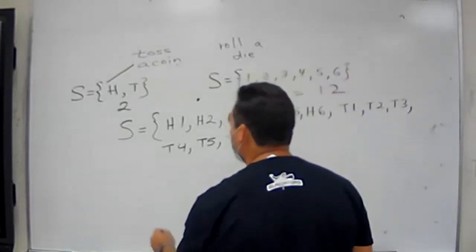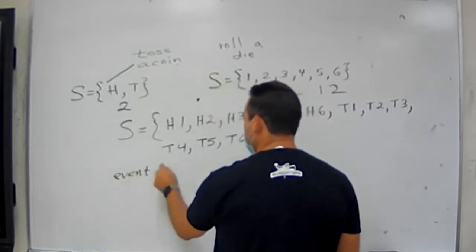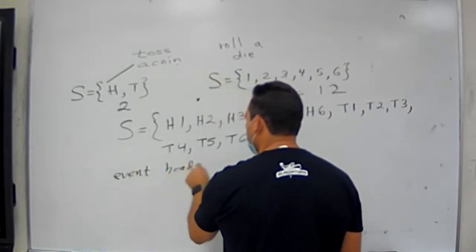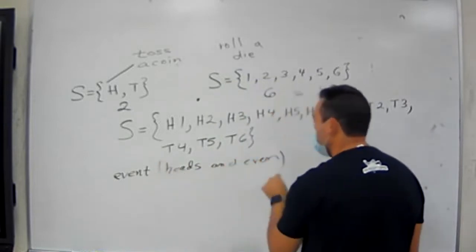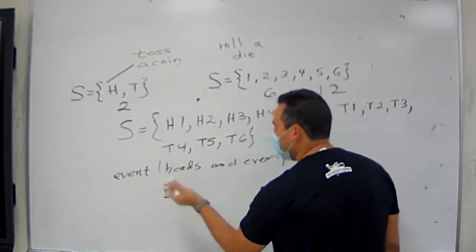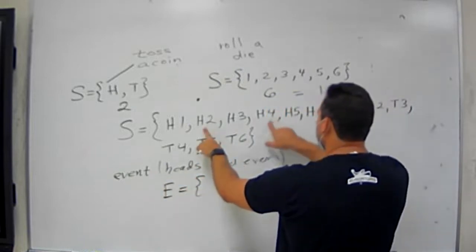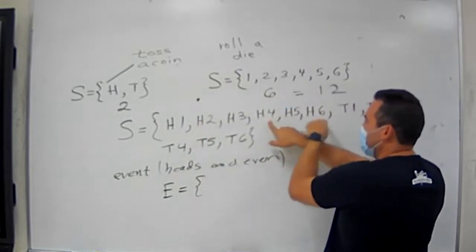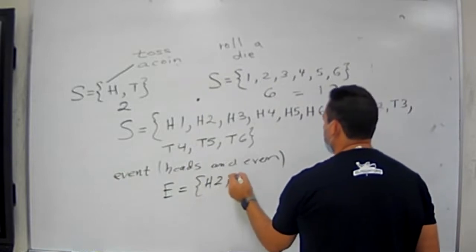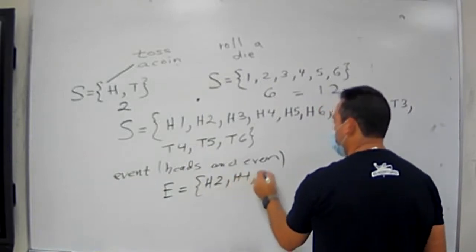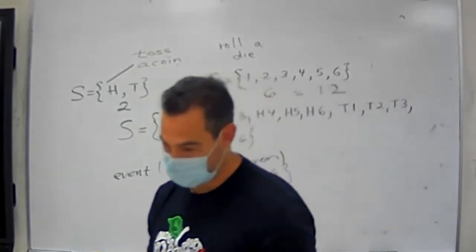All right, so now let's talk about an event. This event is heads and even. So what are these here? Event, heads and even. This one, this one, and this one. Do you see that?